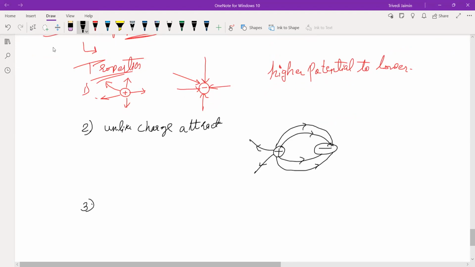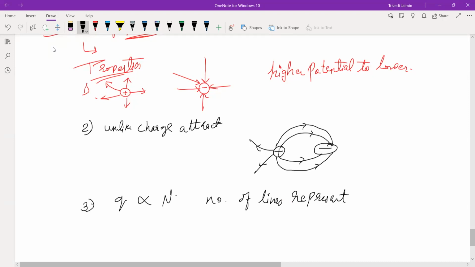And the next one, we can say this many lines, how we are drawing 1, 2, 3. This represents that charge is proportional to the number of field lines. So the number of lines represented by Q here.